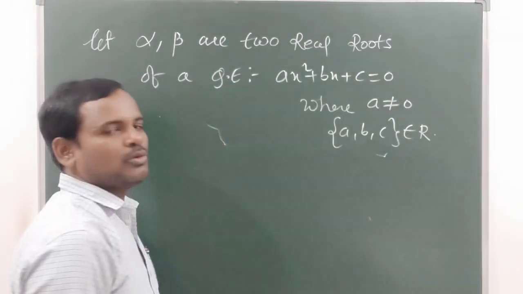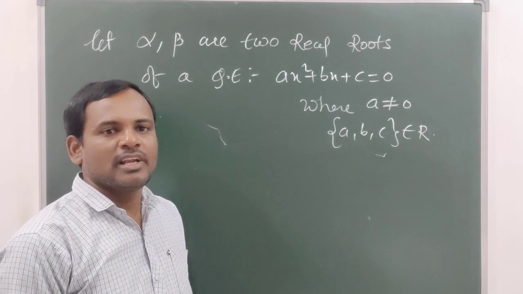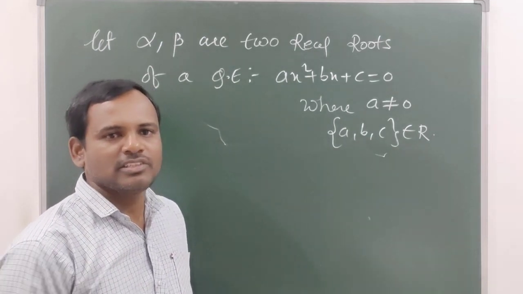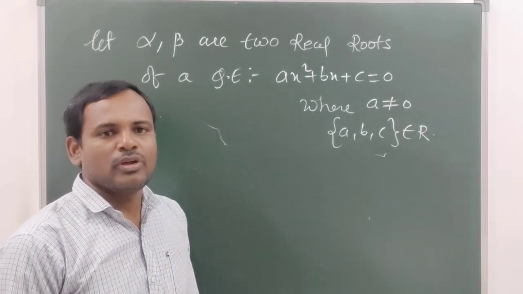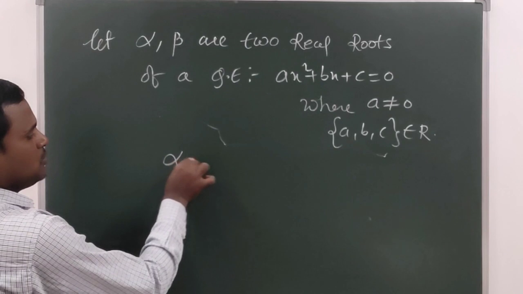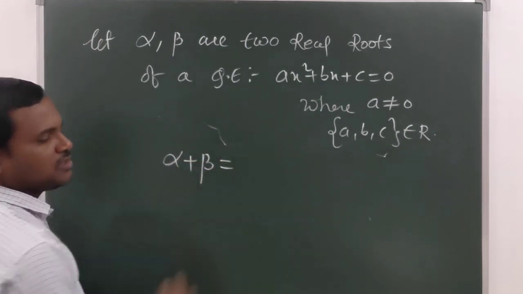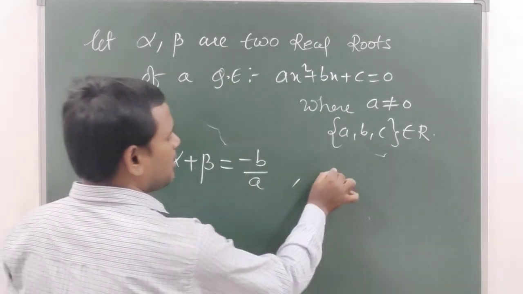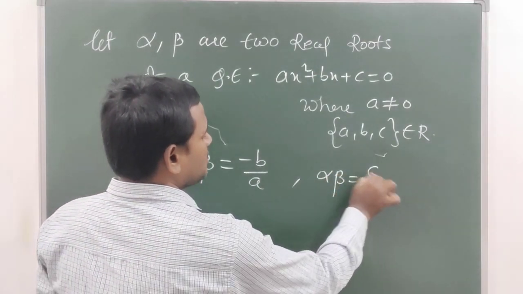See, as you know, the relation between the sum of the roots of the quadratic equation and coefficients of terms of the quadratic equation. So we know two relations: sum of the roots is equal to minus b by a and product of the roots is equal to c by a.